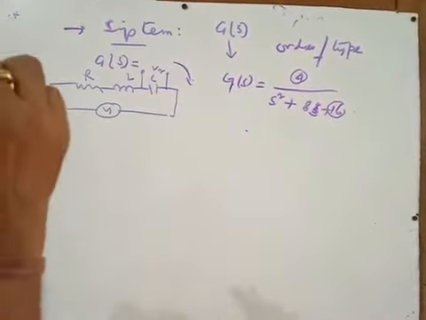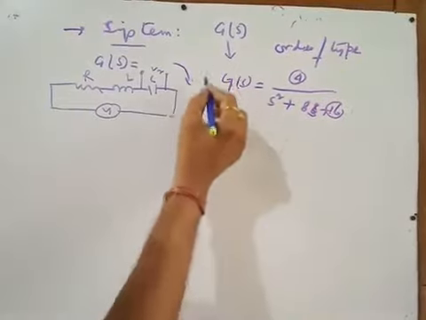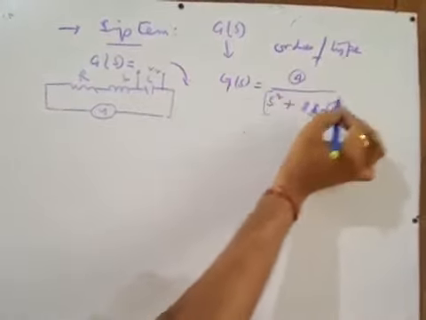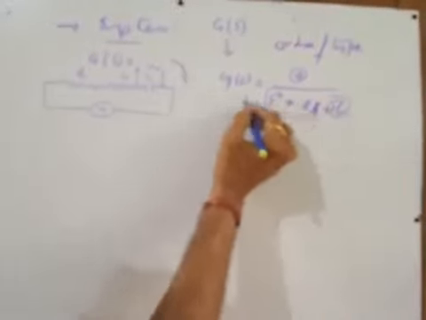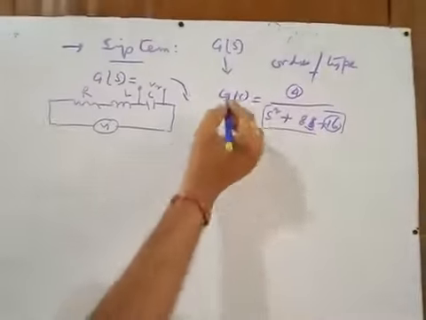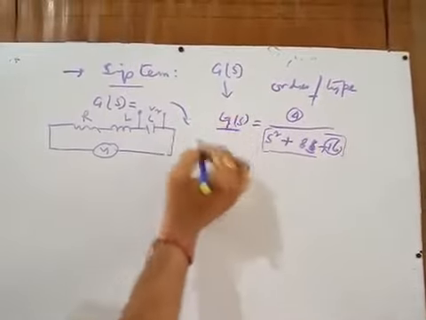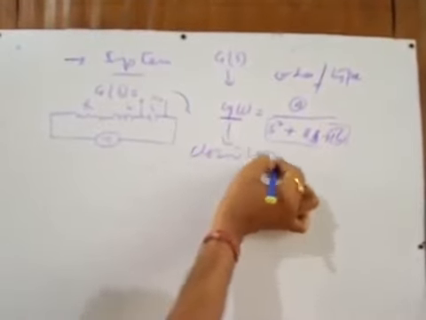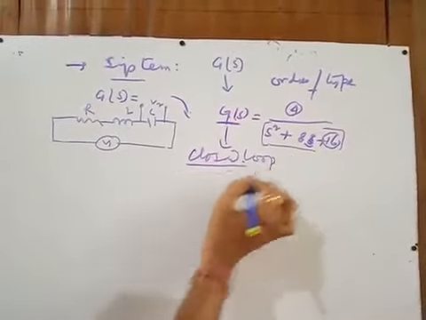So this is one transfer function. From this you see there are two poles, right? And this is a closed loop system. We have already discussed the closed loop system and open loop system.